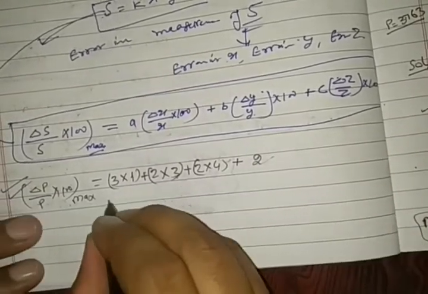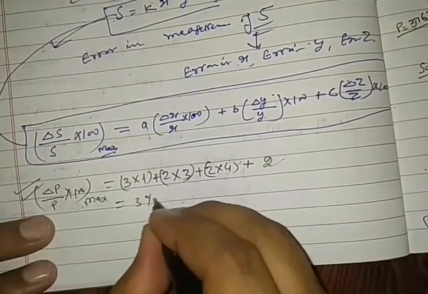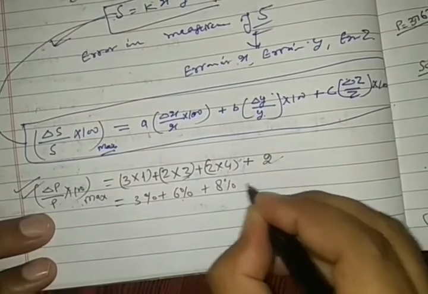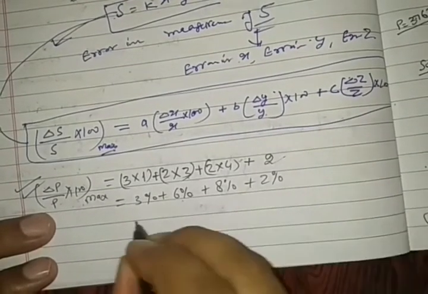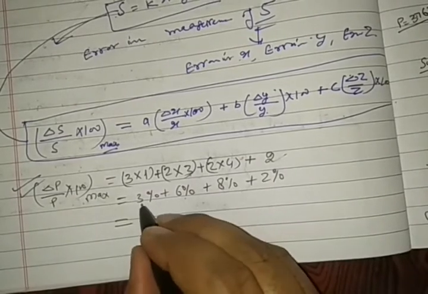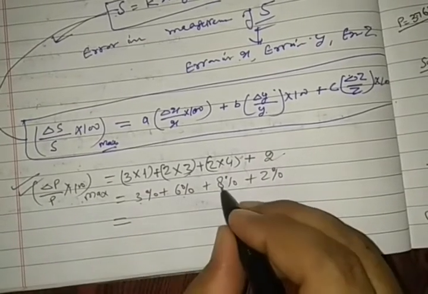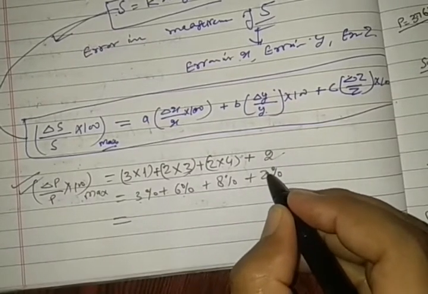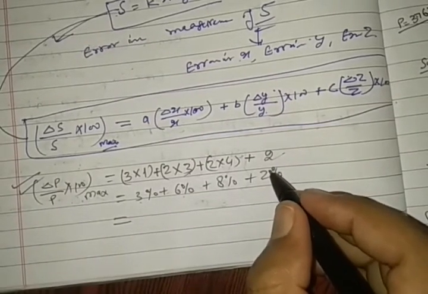Now it is 3% plus 6% plus 8% plus 2%. The total is 6, 3, 9, 17, 18, 19.